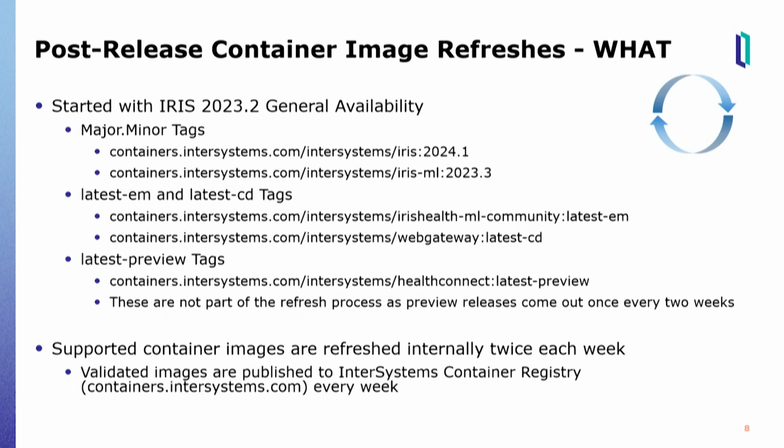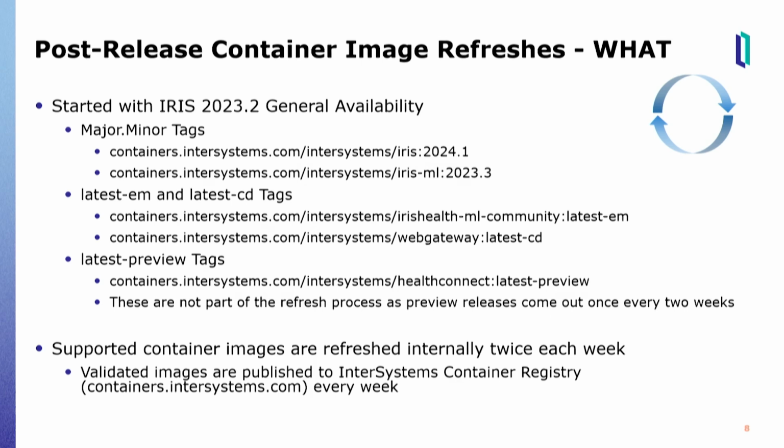To make that easier for us, and more importantly, to make it easier for you to get the updates, starting with IRIS 23.2 general availability from last year, we've introduced a new way of tagging these images. We have major.minor tags replacing the full version tag that we used to have. With this, you can easily get updates like the extended maintenance release or any other kind of refreshes that we have. In addition to those, we also have a bunch of latest tags for different streams.